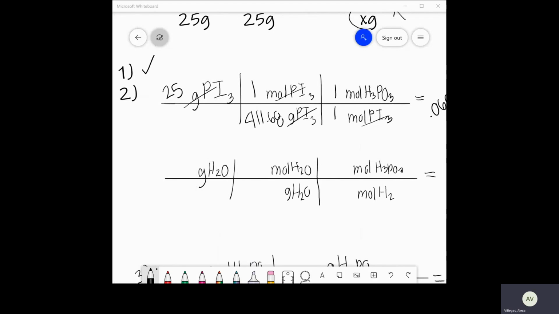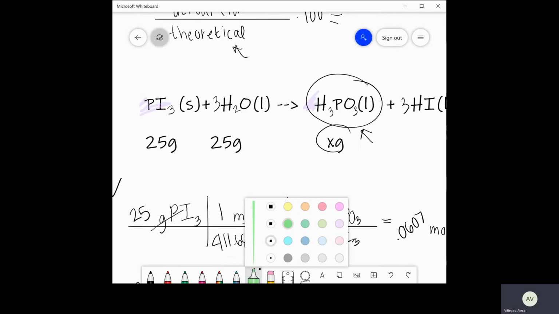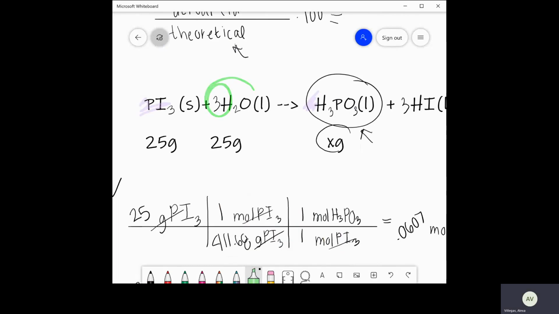Now, I do the same thing with water. I have 25 grams of water. I know that there are 18 grams in 1 mole of water, and this equation up here, for every 3 moles of water, I get 1 mole of product.